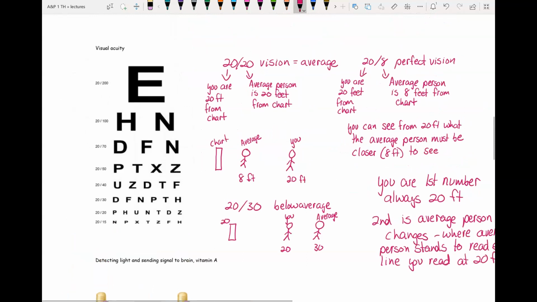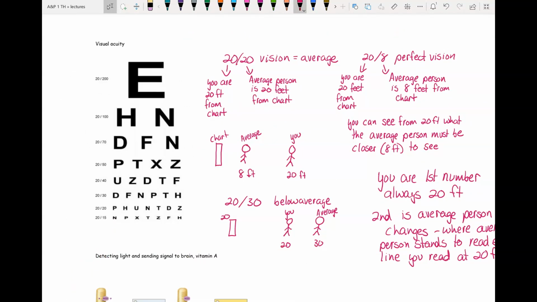So you can see that on the chart here. So here's the one that's average, 20/20. You and the average person can both read this line from 20 feet away. Here's the 20/30. You are still 20 feet away, but the average person can step 10 feet further back and still read that line. Here's 20/15.